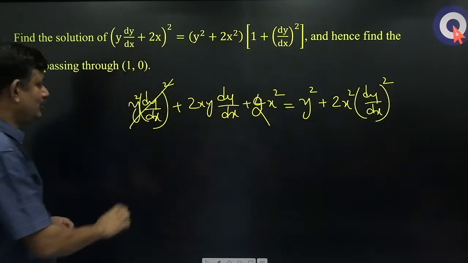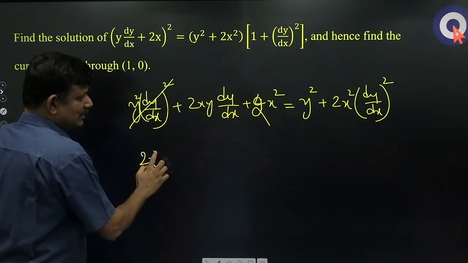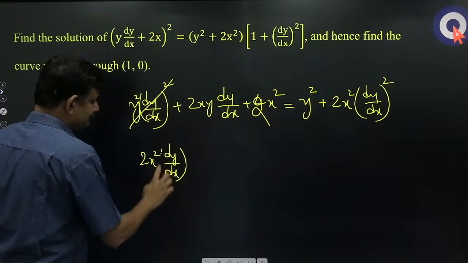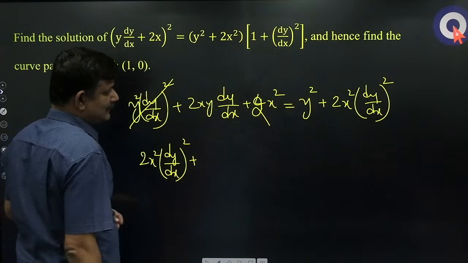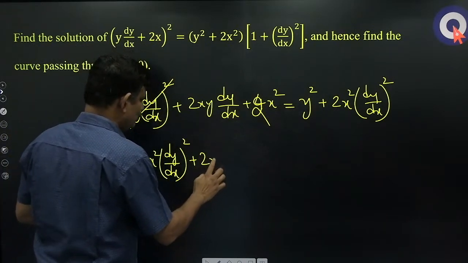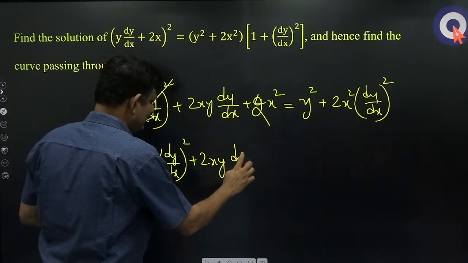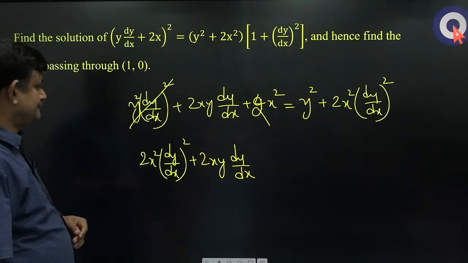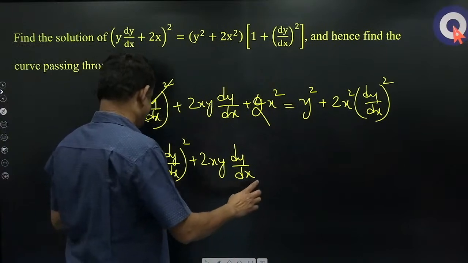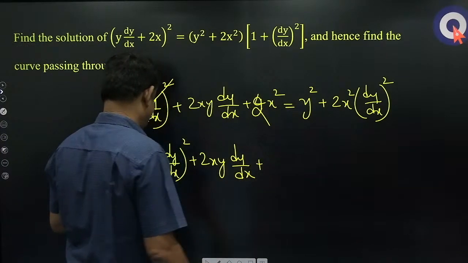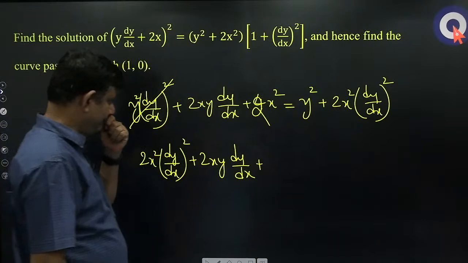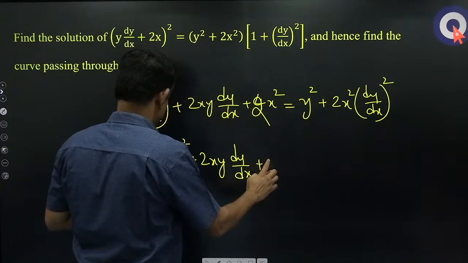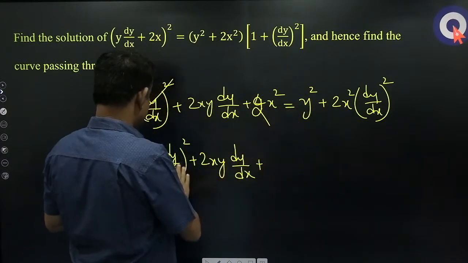Okay, so effectively what do you have? 2x square dy by dx whole square plus 2xy dy by dx plus two x square dy by dx.